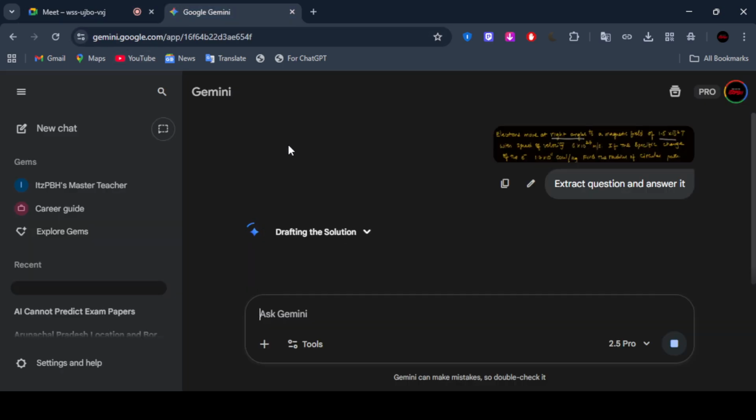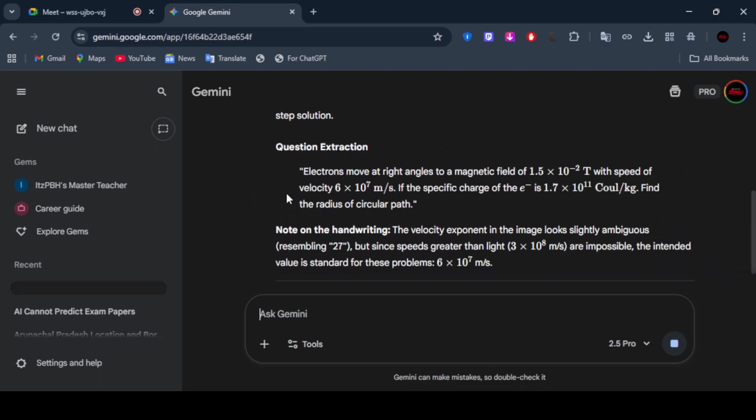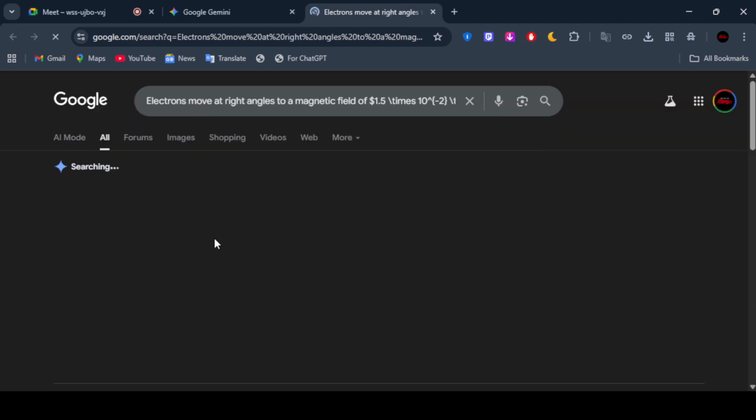So the mass of the electron is given as 9 into 10^-31 kg, and the charge of the electron is equal to 1.6 into 10^-19 coulomb. I'm not writing all the data, and I think it's not necessary.